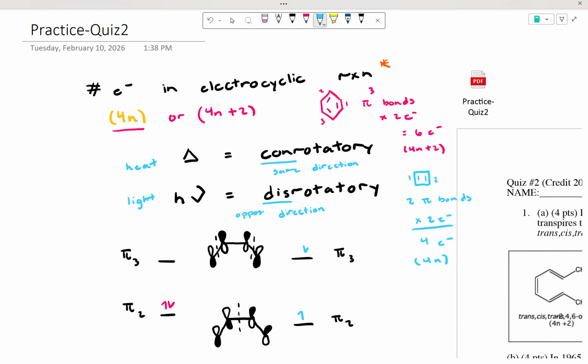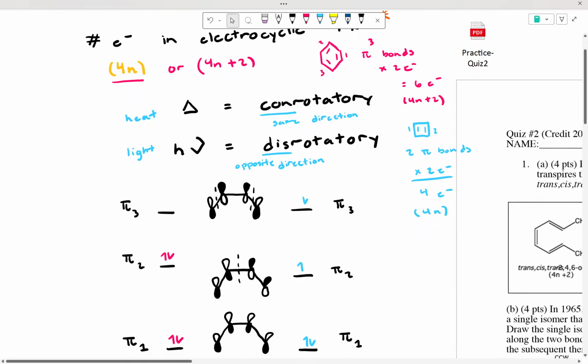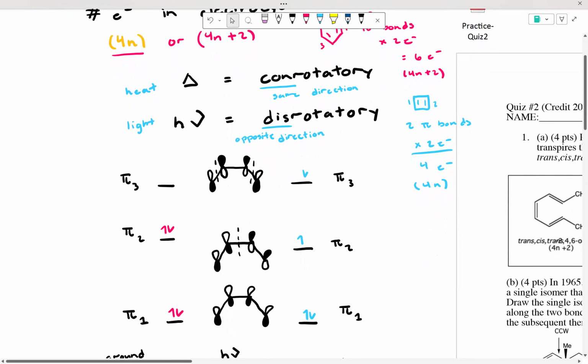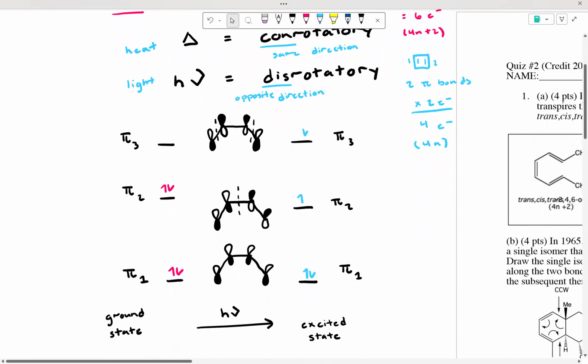Opposite. And I'm saying these words, conrotatory and disrotatory, but what does this mean in actuality? So we're going to look at this molecular orbital diagram of two pi systems for 4 electrons.